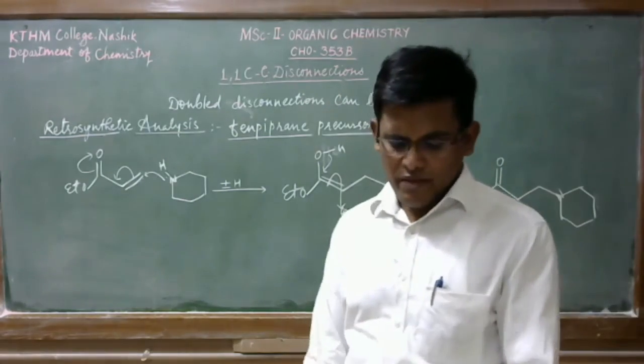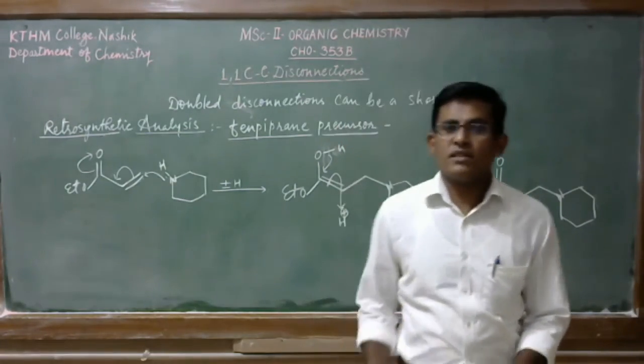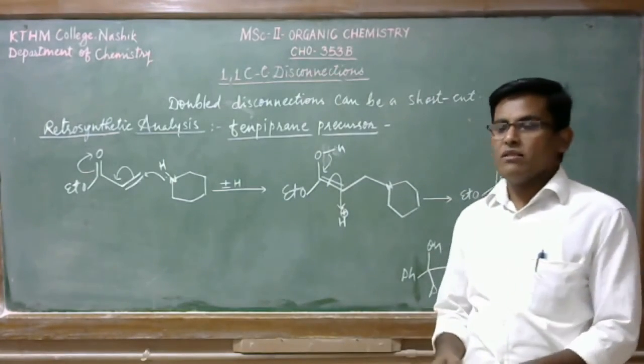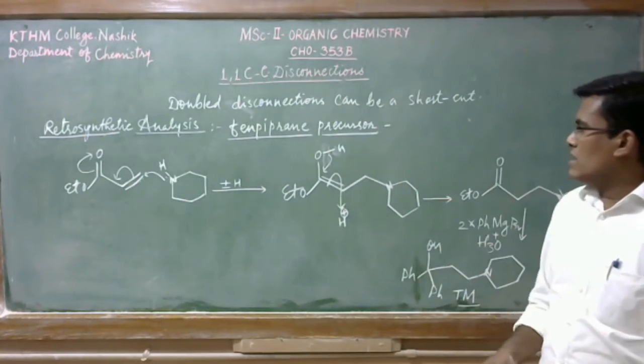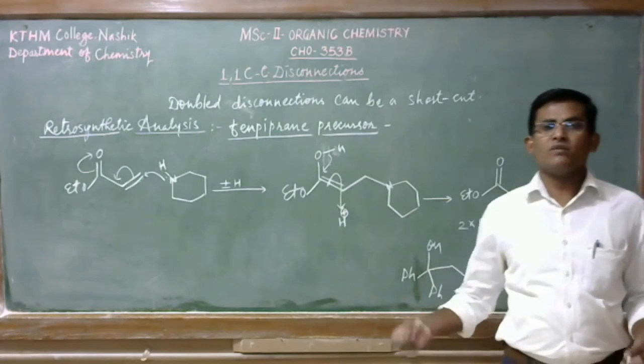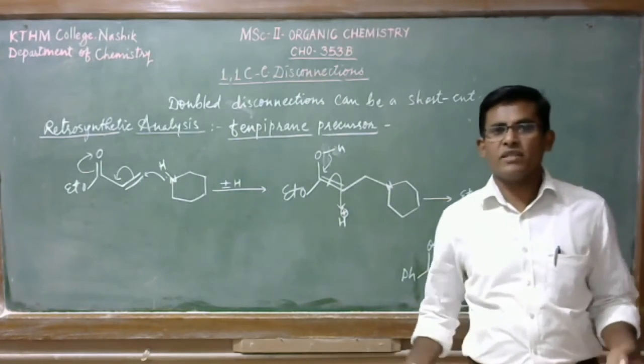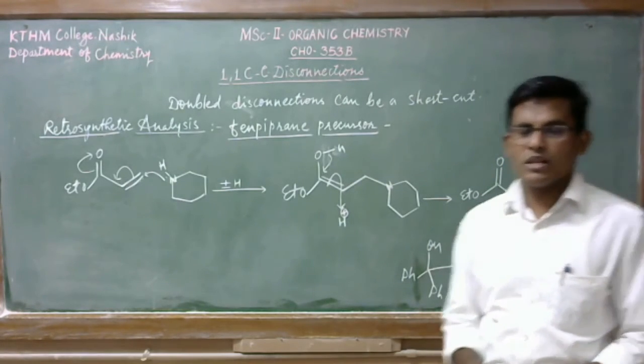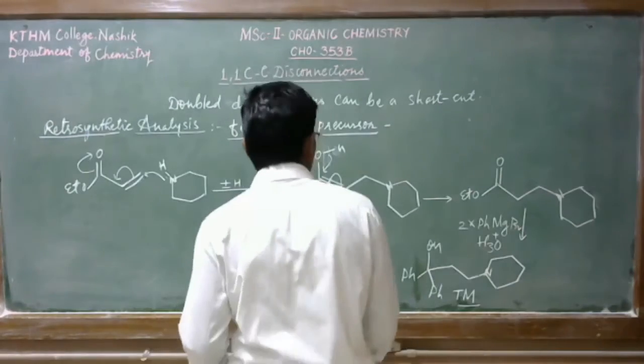So in this way we can achieve the synthesis of a tertiary alcohol, which involves the reaction of an ester with 2 moles of Grignard reagent. Let us have another example.